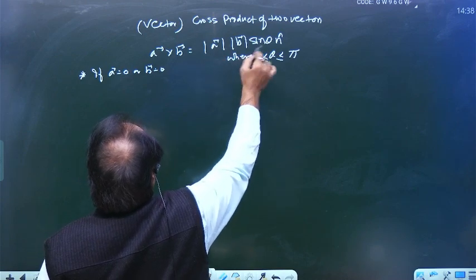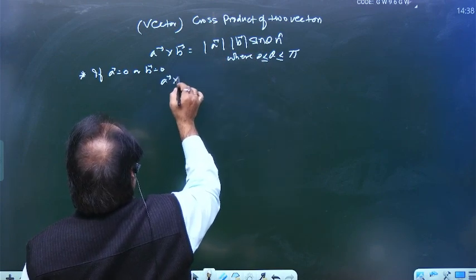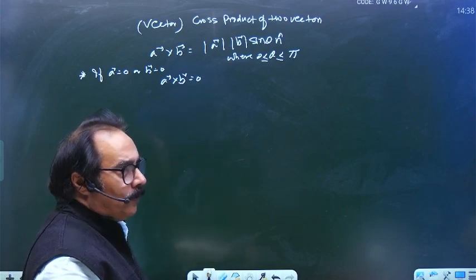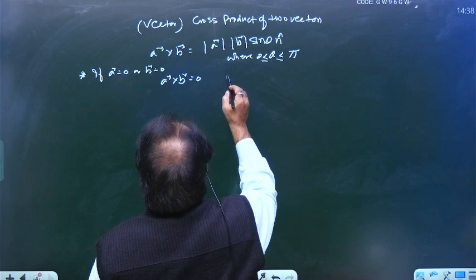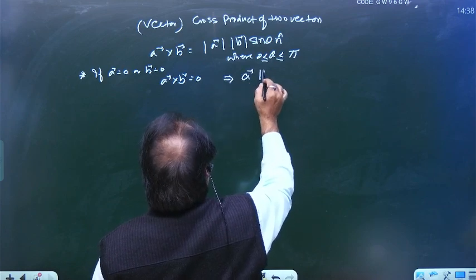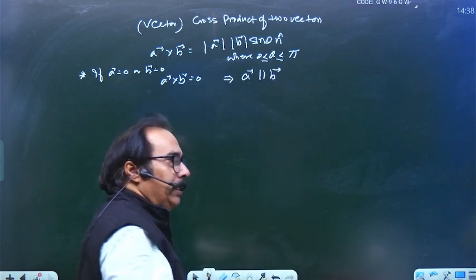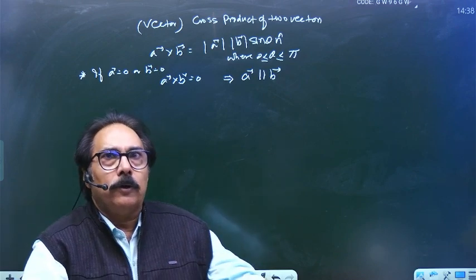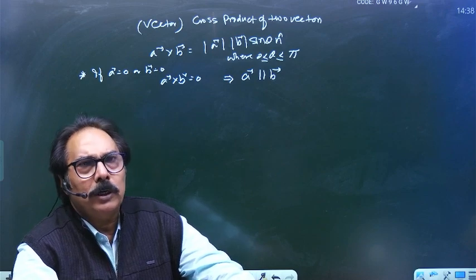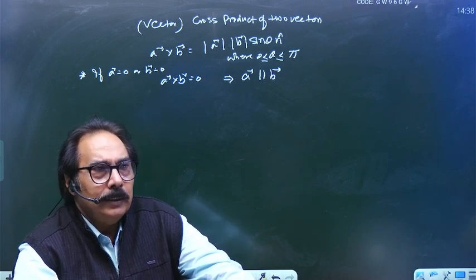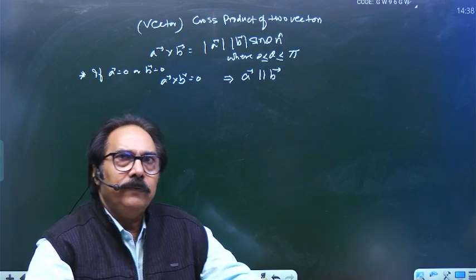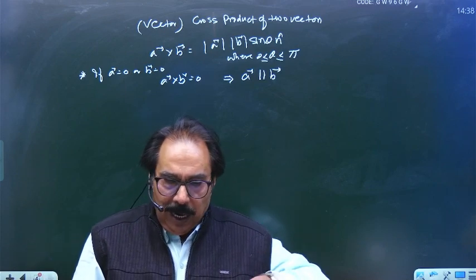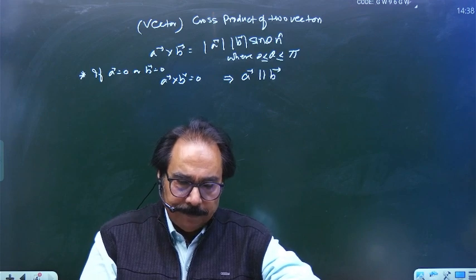So A cross B is equal to 0. And when the cross product of two vectors is 0, it means that vector A is parallel to vector B. So this is the difference between the dot product and cross product. If the dot product of two vectors is 0, then the vectors are perpendicular, and if the cross product of two vectors is 0, then the two vectors are parallel, and vice versa.